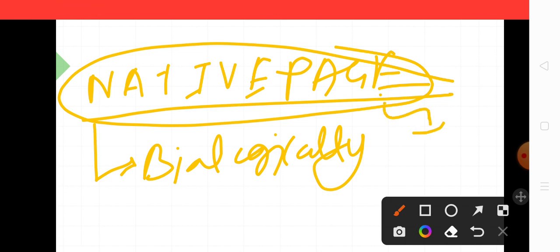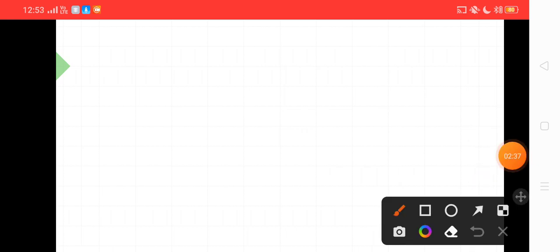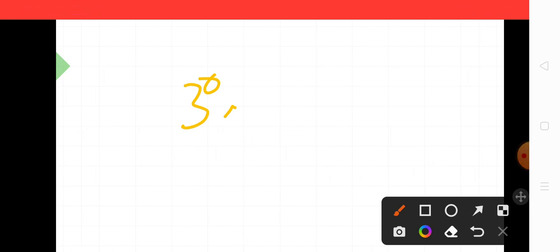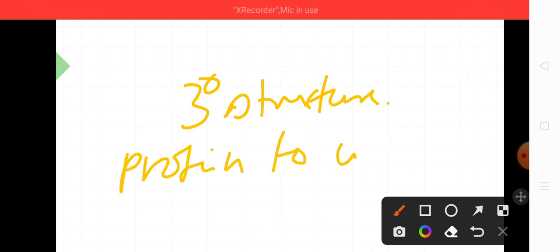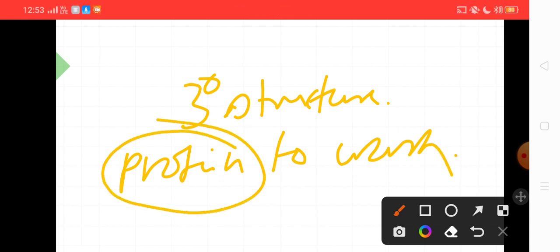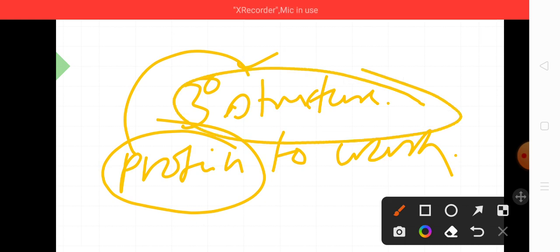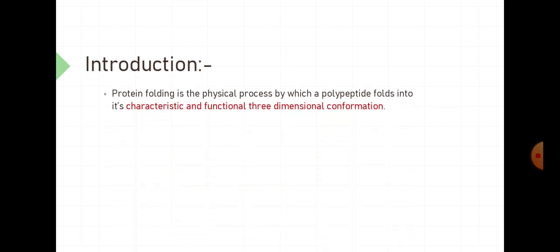That means in native PAGE we are allowing the protein to run in its three-dimensional shape. Why is this so? Remember it very carefully: for a particular protein to work, it is important that the protein be in its native tertiary structure, okay?